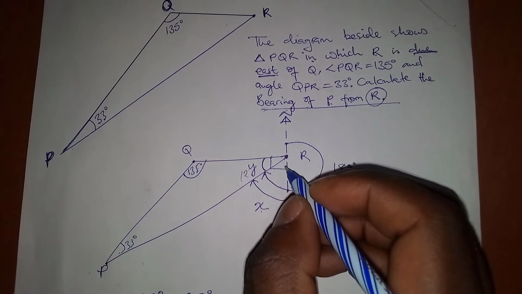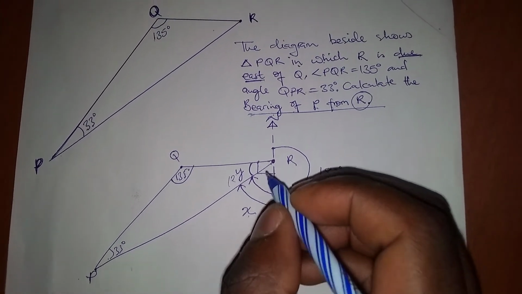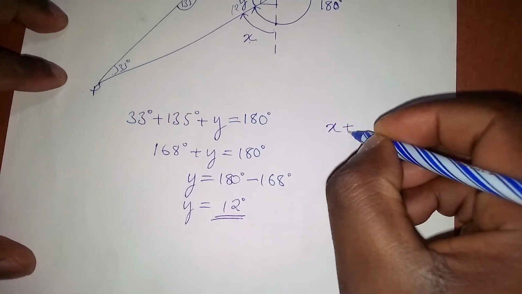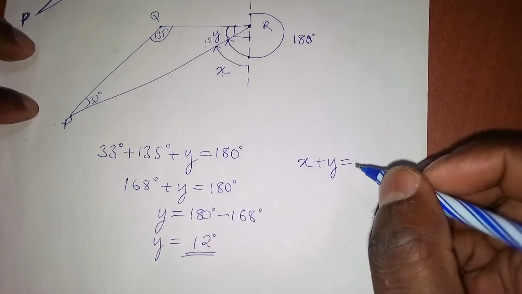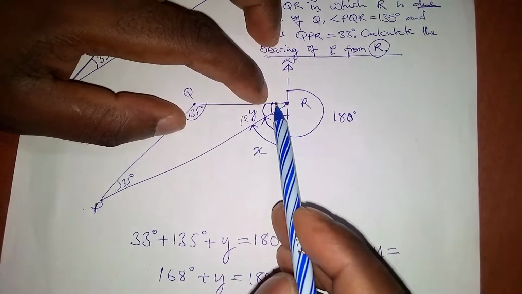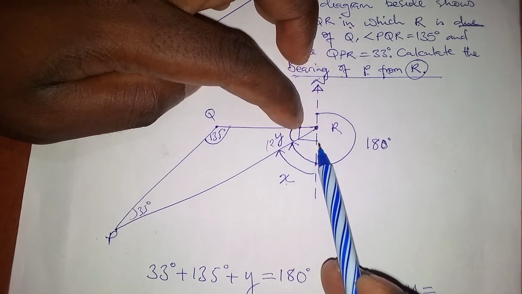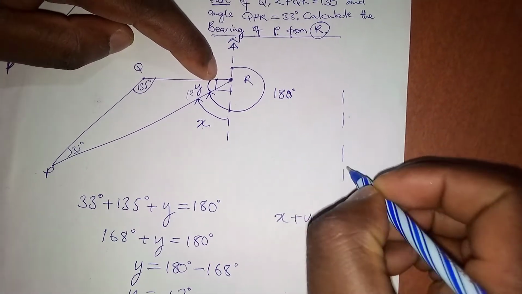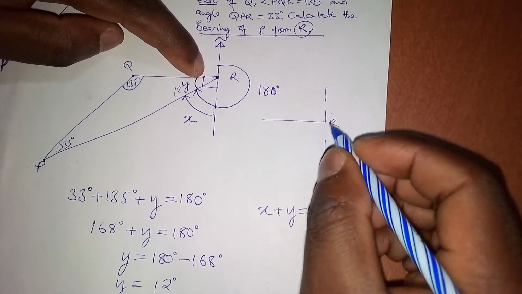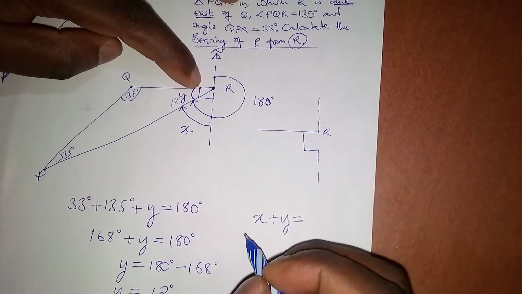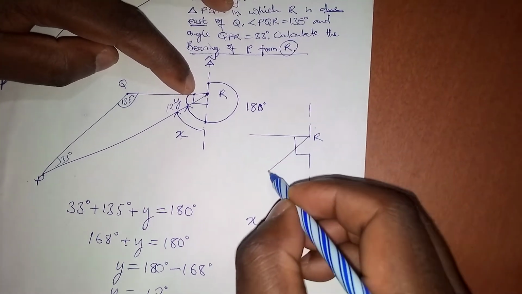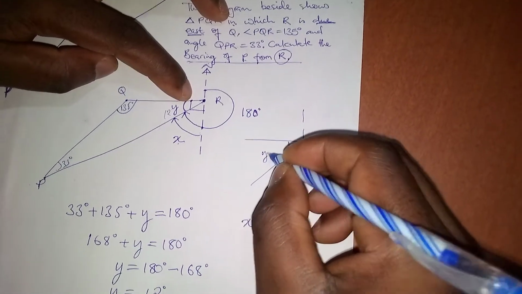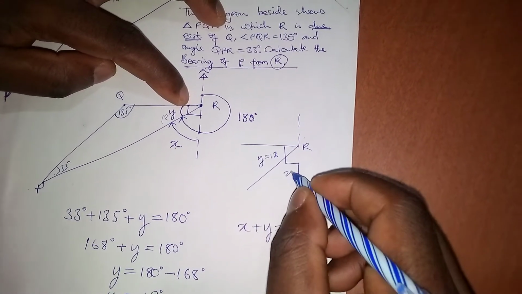Now, how am I going to get angle X? Let me magnify this point. We have the North line like that, then we have R there. We have this angle here as 90 degrees, which is divided into two angles: Y, equal to 12 degrees, and the other one, X.